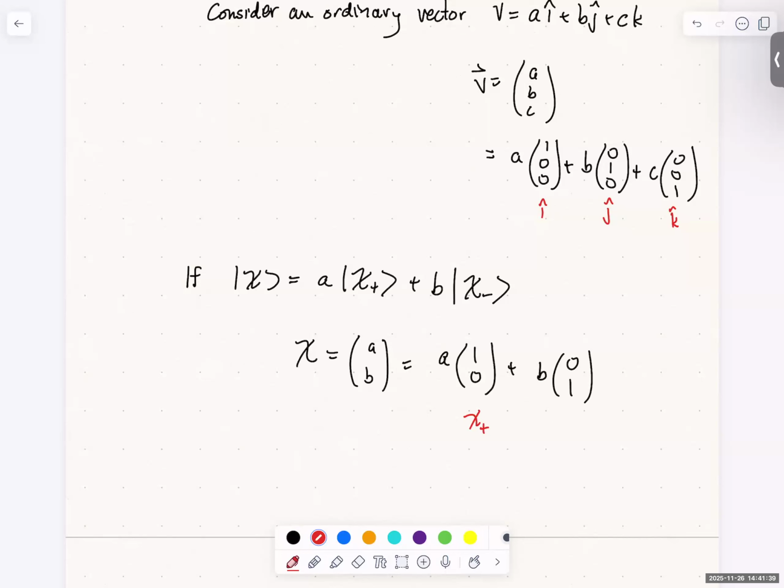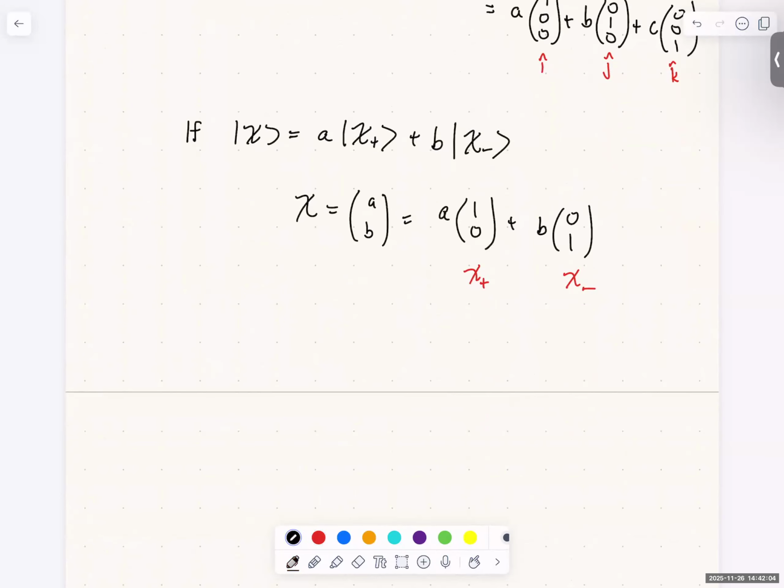It's the column matrix representation of chi plus. And (0, 1) is the column matrix representation of my spin down state. Okay, good.